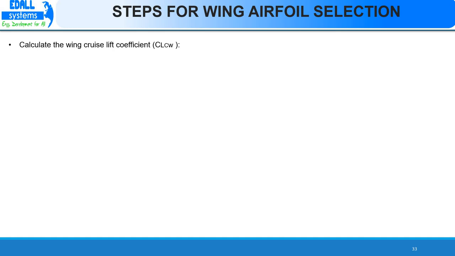At the preliminary design stage, if the geometry of other components has not yet been determined, this equation can be used to find the wing cruise lift coefficient, that is CLCW equals CLC divided by 0.95, where CLC is ideal cruise lift coefficient.